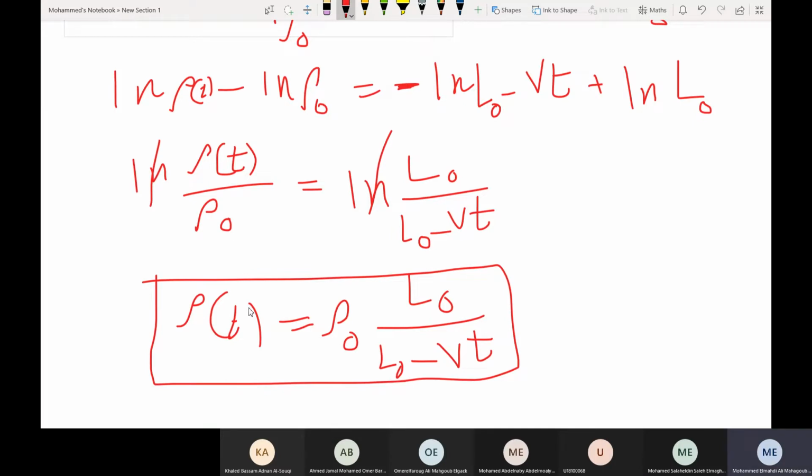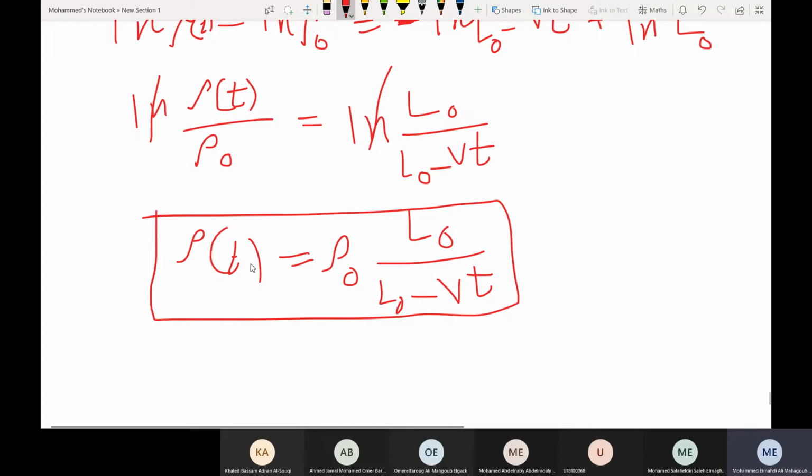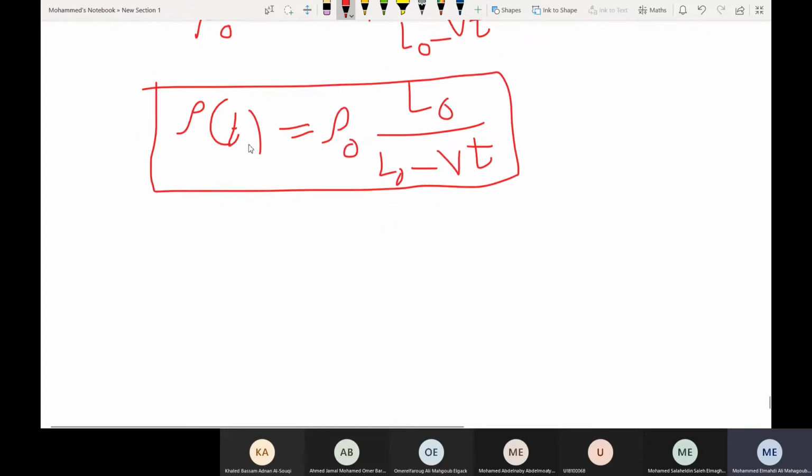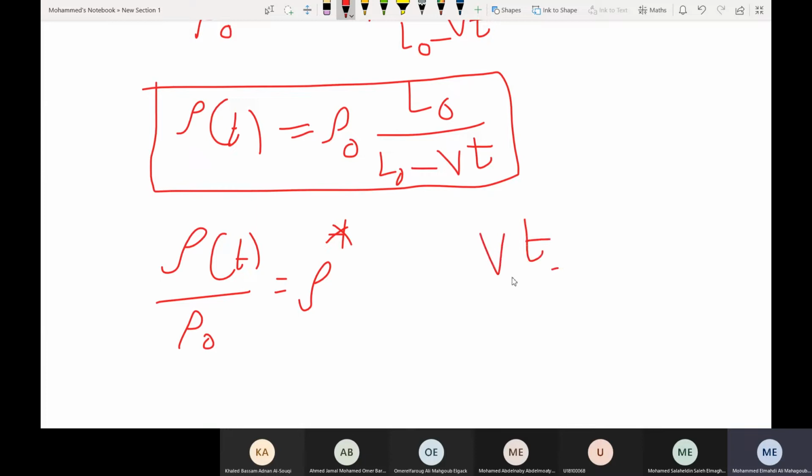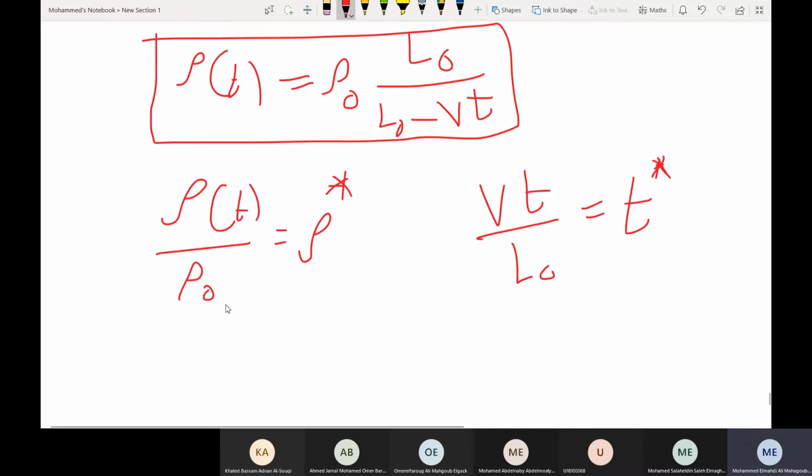We can do a small tweak. If we want to non-dimensionalize, rho t over rho naught, dividing by rho naught, will be the dimensionless rho. And we can also say that Vt over L naught is the dimensionless time, because V over L is the reciprocal of time, and then time over time is dimensionless, same as rho over rho.